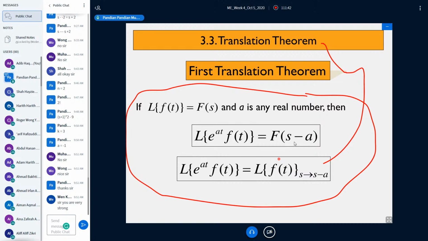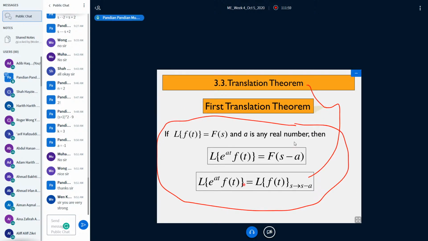The translation theorem, and then the formula for the inverse Laplace transform, and then the Laplace transform. And the final one is about partial fraction. So that's all for today.